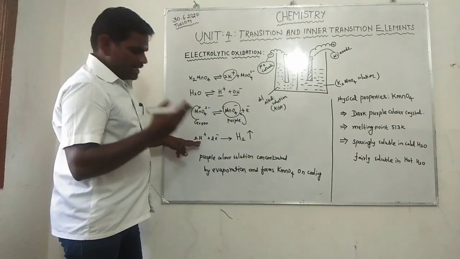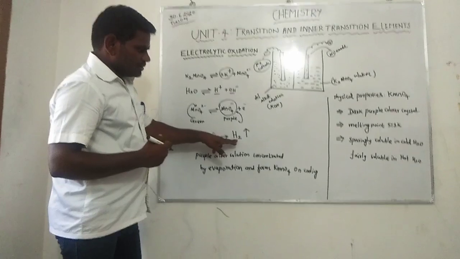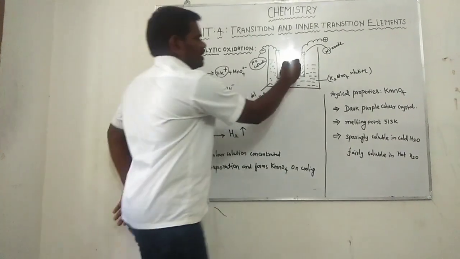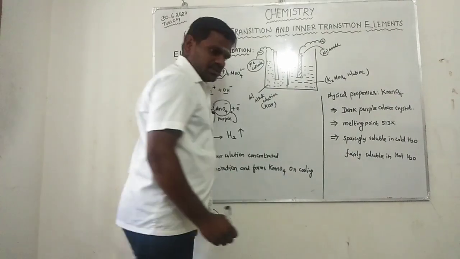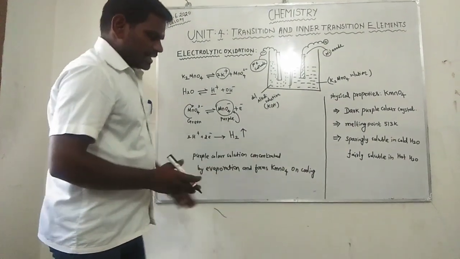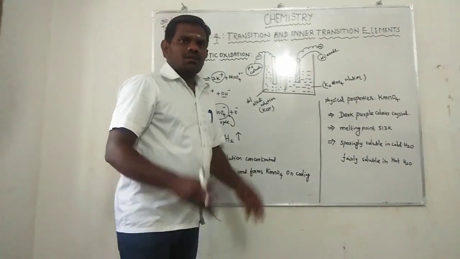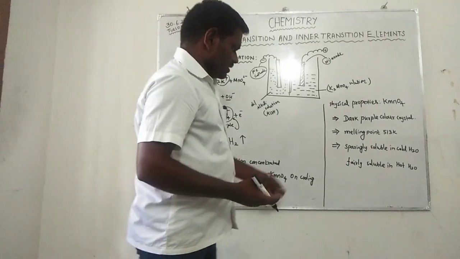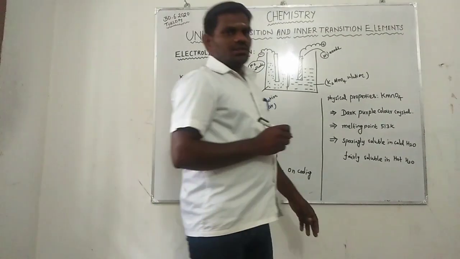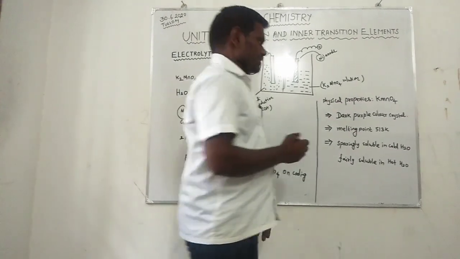The two hydrogen ions gain 2 electrons, and hydrogen gas is evolved from the electrolysis reaction. The purple solution is concentrated by evaporation and forms potassium permanganate crystals on cooling. Next, the physical properties of potassium permanganate.